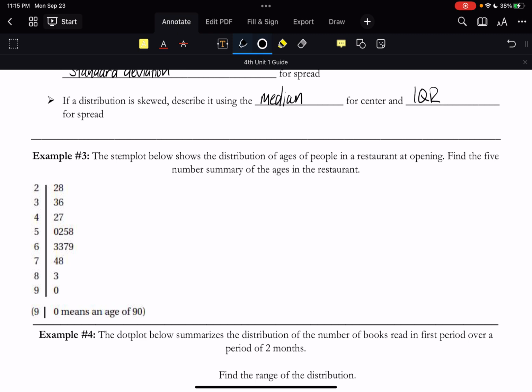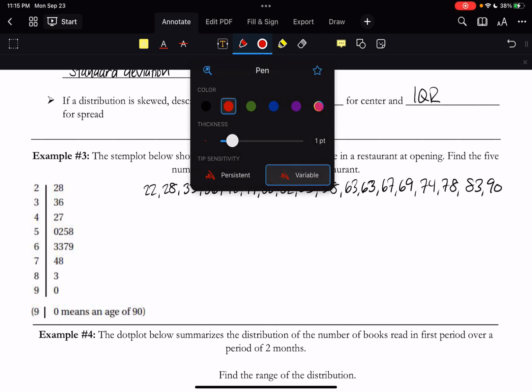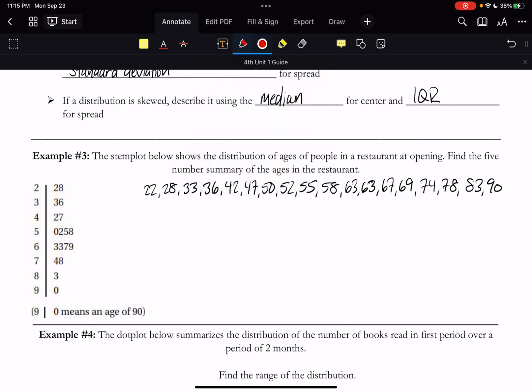Looking at my stem plot, I have starting 22 and then 28, 33, 36, 42, 47, 50, 52, 55, 58, 63, 63, 67, 69, 74, 78, 83, and 90.